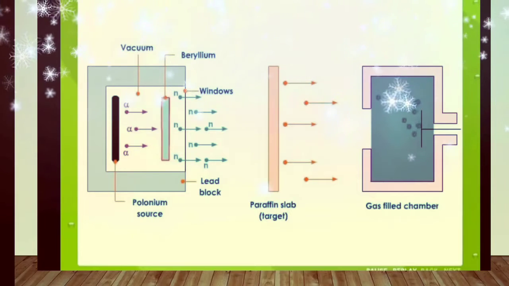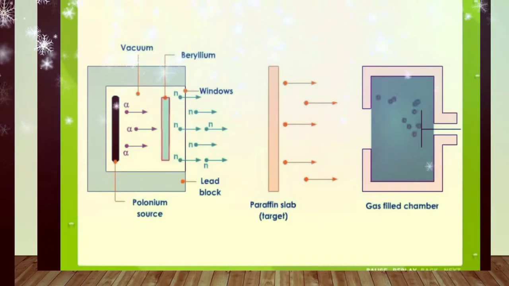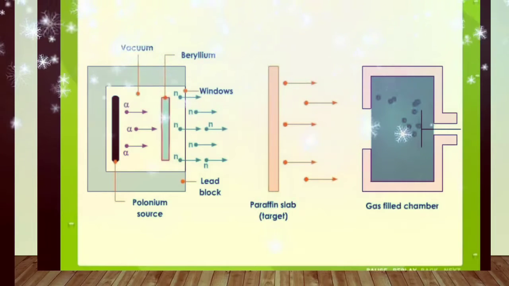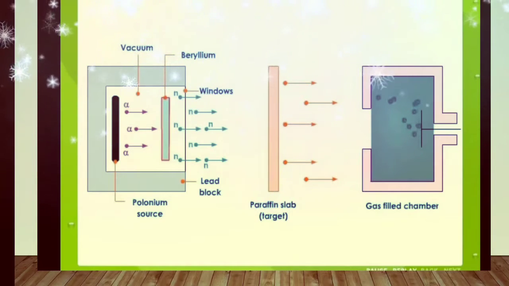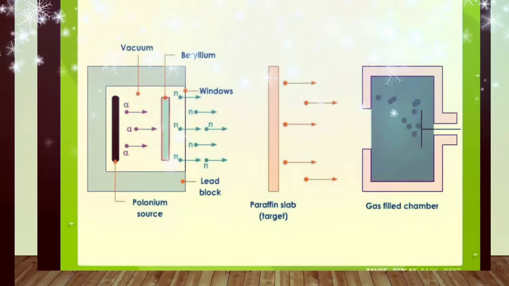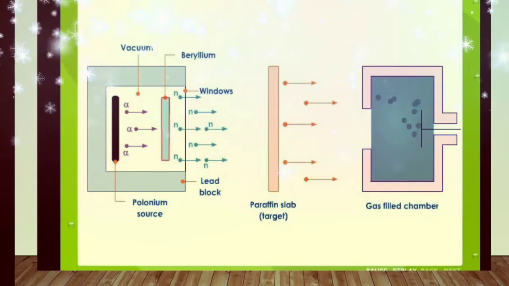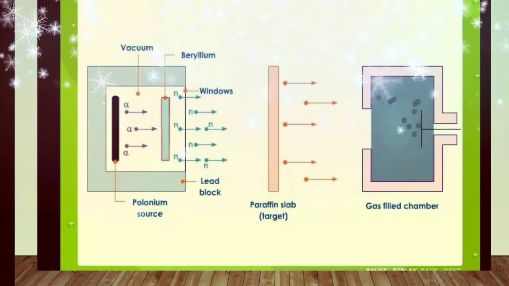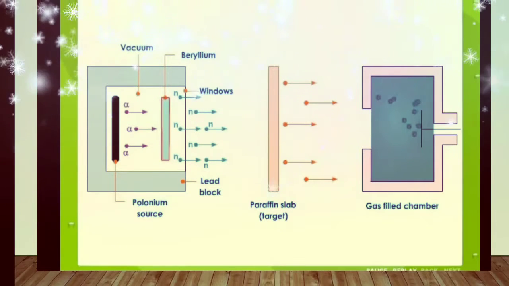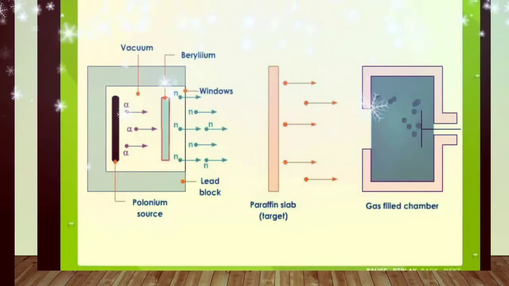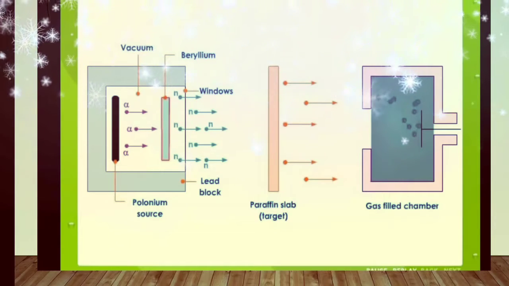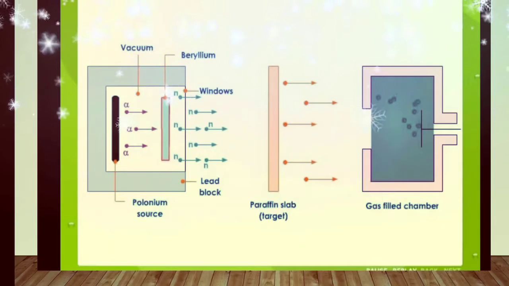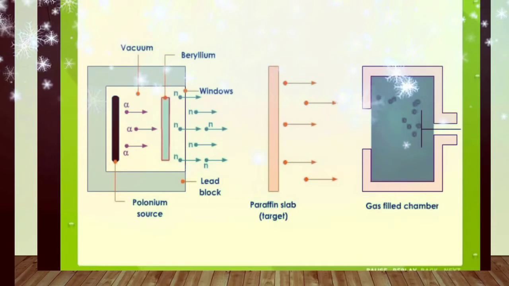atoms from the paraffin slab, and the atoms get charged by these rays, and then these charged atoms are captured by the gas filled in the chamber. When these charged atoms enter the gas in the chamber, ionization of the gas molecules occurs, and from these charged ions he calculated the current produced by the charged ions on the electrode.